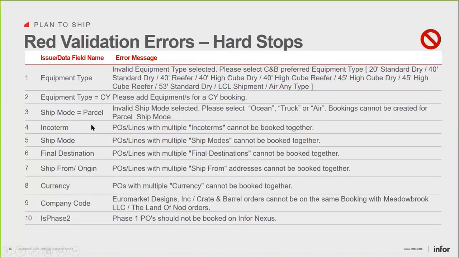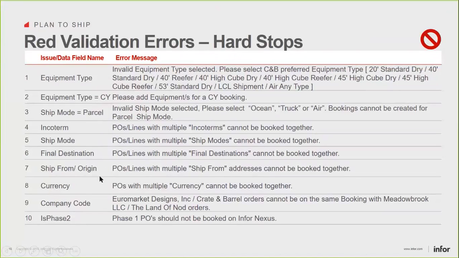Some other terms for the order lines on a single plan to ship should be the same. If they are different, an error message will be triggered, such as Incoterm, ship mode, destination, ship from, currency, company codes, and a phase 2 indicator.